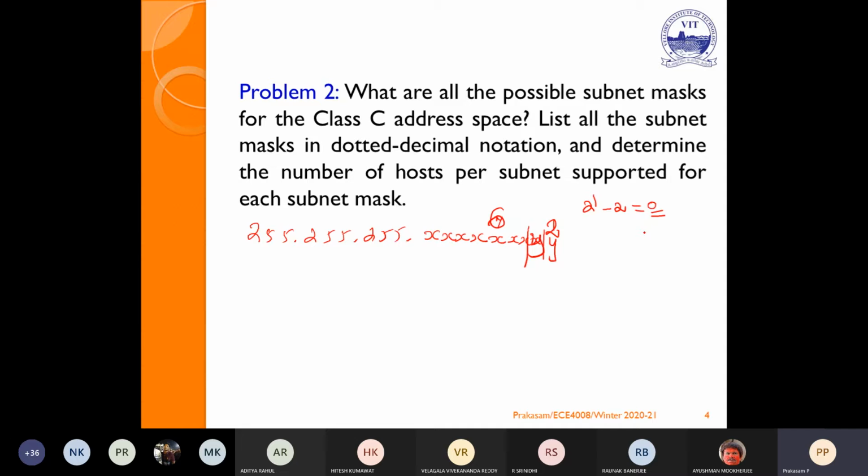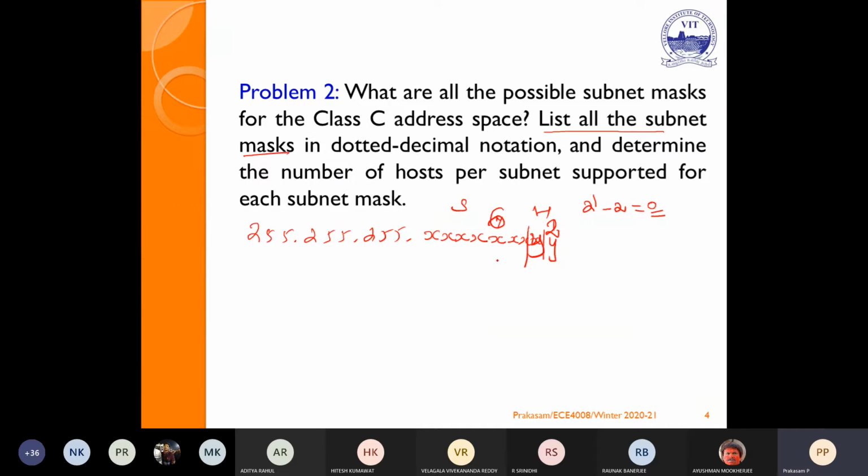So 2 for the host, the starting itself, because here they are asking to list all the subnet masks. So out of 8 bits, I am starting from the right side, the LSB side. I am allocating 2 for the host, remaining 6 for the subnet.